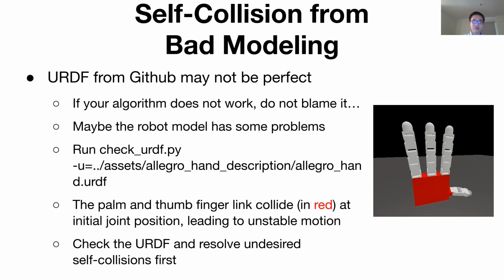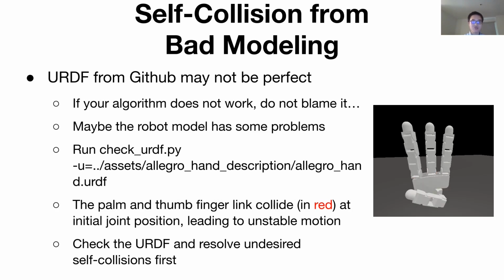For example, here we have downloaded an Allegro hand from GitHub somewhere. And this URDF file has some self-collision that's not ignored. So we've provided a check URDF.py file that can detect such incorrect modeling.